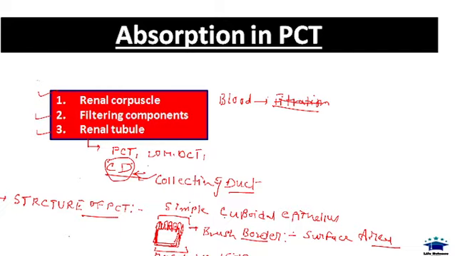Moreover, they also have a large number of channels on both the apical and basolateral membrane, which provide a large surface area for transport of ions and other substances to occur.